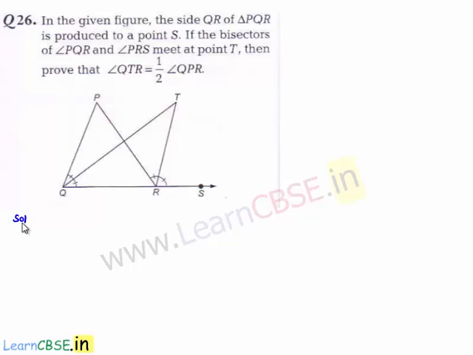Now moving on to the solution. So here triangle PQR is given such that QR is extended to S and the bisector of PQR is intersecting the bisector of PRS at T. He asks us to prove that angle QTR, that is this angle, is equal to half times angle PQR.